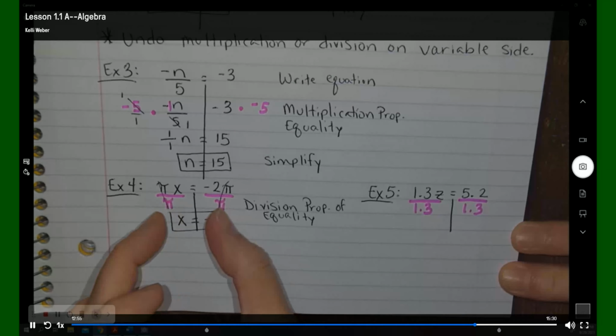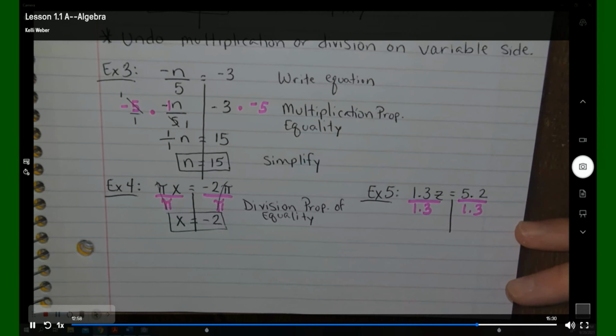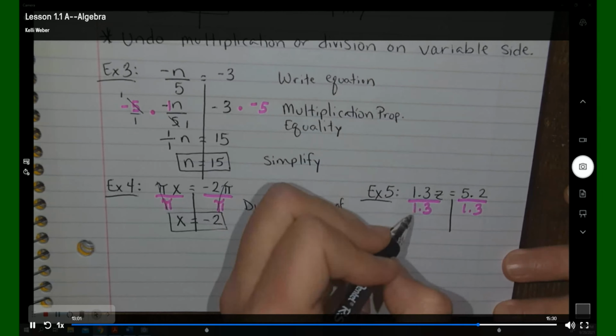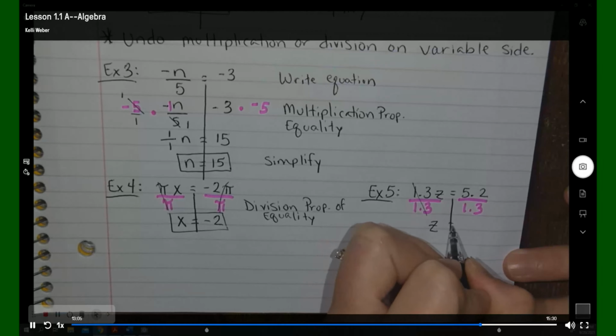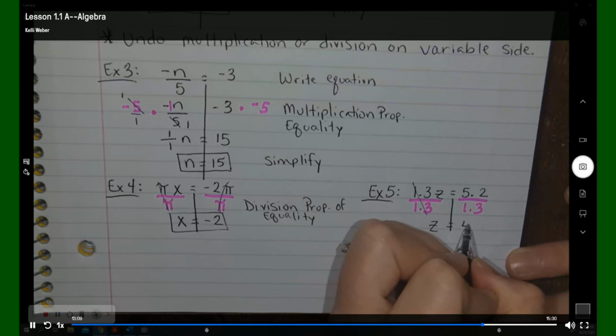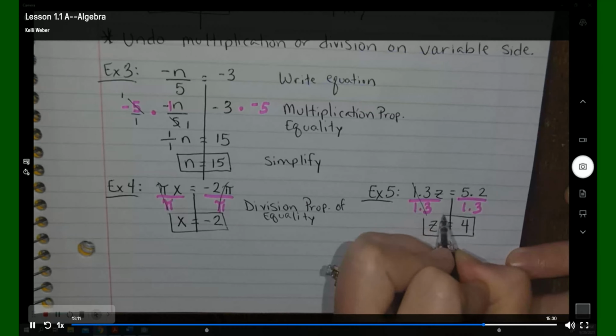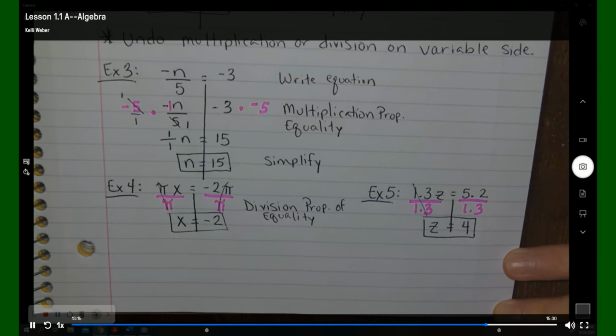So sometimes we get tricked up over here because we're dividing by pi, but this one we're actually going to divide by 1.3. 1.3 divided by 1.3 is 1z. 5.2 divided by 1.3 is 4. And this has the same division property of equality that we had in example 4.